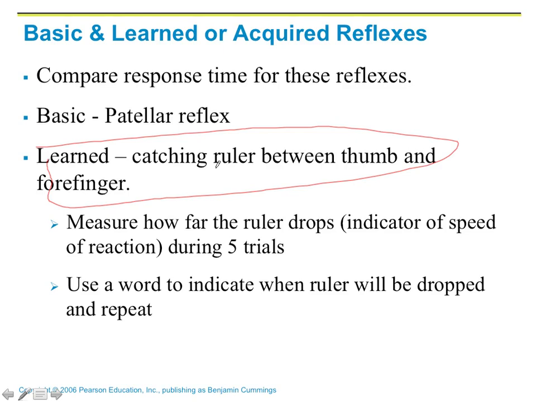That's because once you try several times, our brain will be involved in these reflexes. The brain will memorize the actions and make more efficient reflexes to catch the ruler.